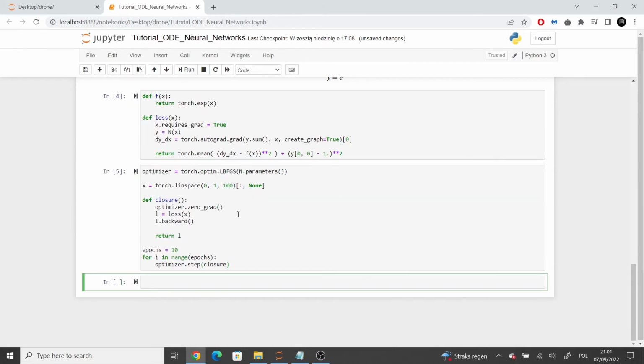Lastly, we can predict the full solution using the trained neural net and compare the predicted solution to the exact solution. So let's import the pyplot from matplotlib. Now we can compute y using the neural network and plot the results.